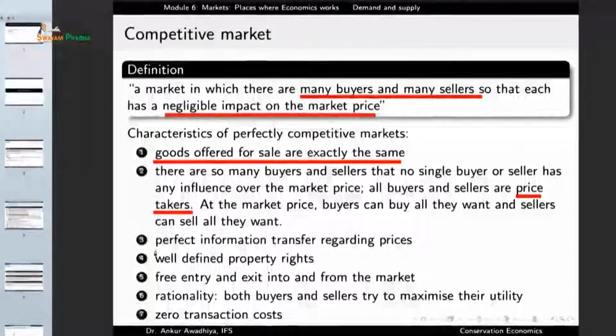Then there is a perfect information transfer regarding prices. It means that if there is a market with many different buyers and sellers selling goods at different prices, every buyer and every seller should know who is buying and selling at what price. Suppose in the market you have 100 sellers and each of them is selling rice at the rate of 80 to 150 rupees a kg.